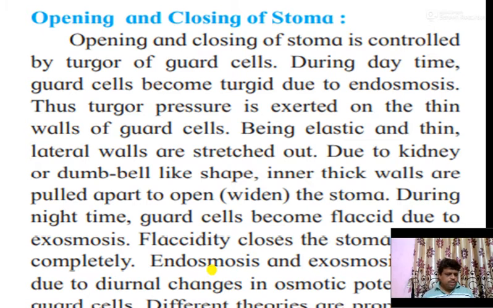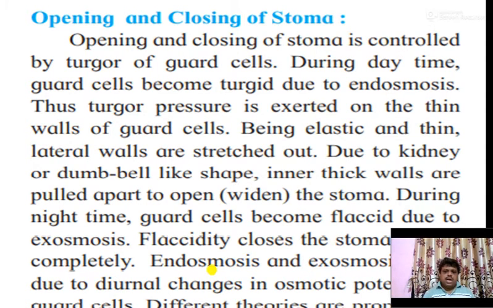Accessory cells are reservoirs of K plus ions, and these are also called subsidiary cells. So this is simply regarding the stomata present in typical dicot plants, in which a stoma is guarded by two guard cells, and these guard cells are further surrounded by epidermal cells or accessory cells.